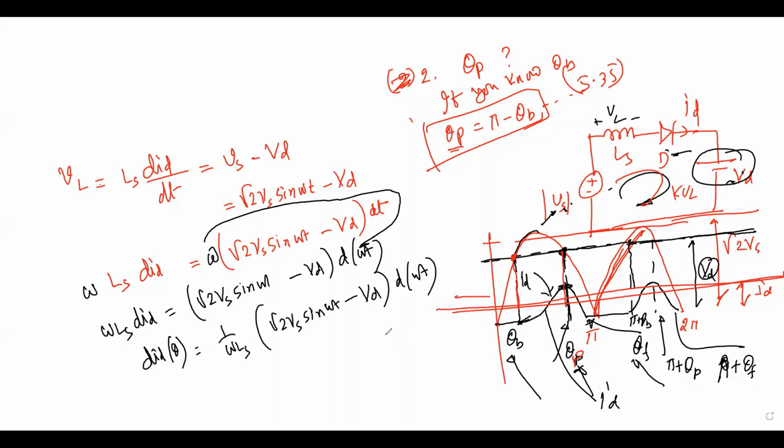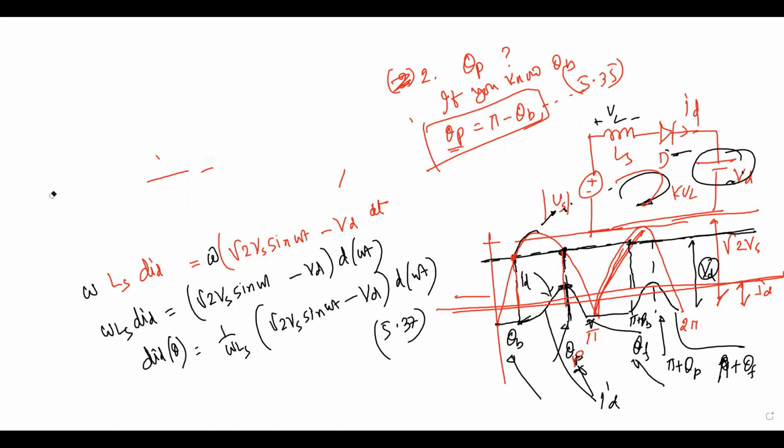Okay, this is your equation number 5.37, and from that we can find the expression of iD. iD of theta will be, you have to integrate it.